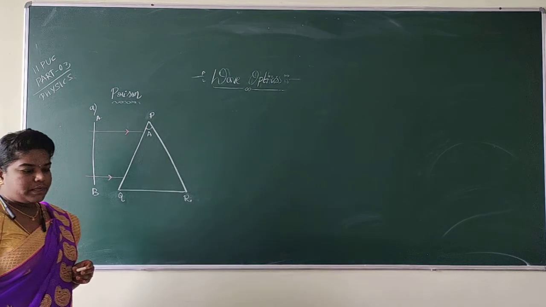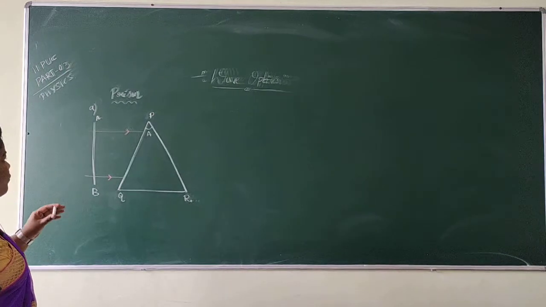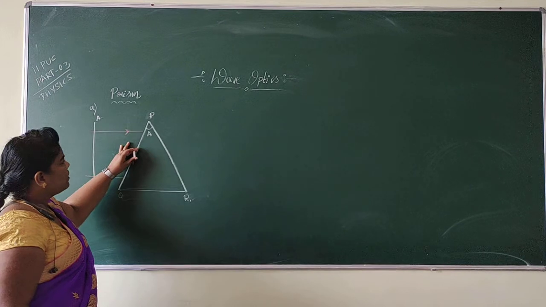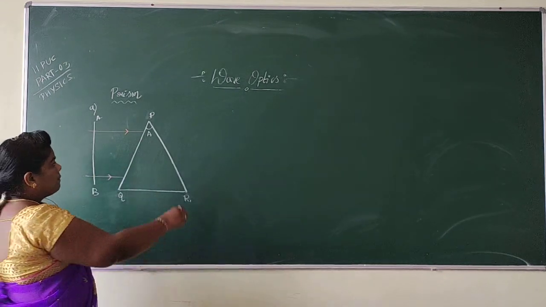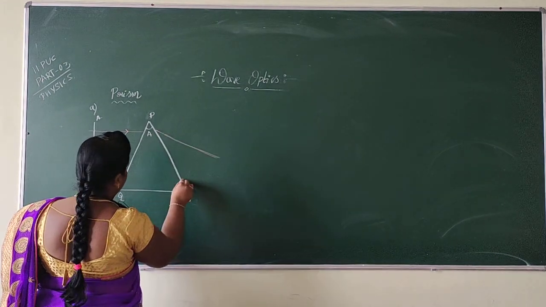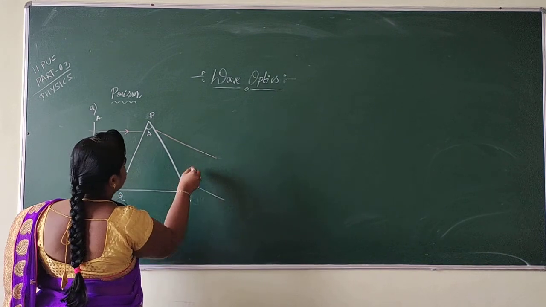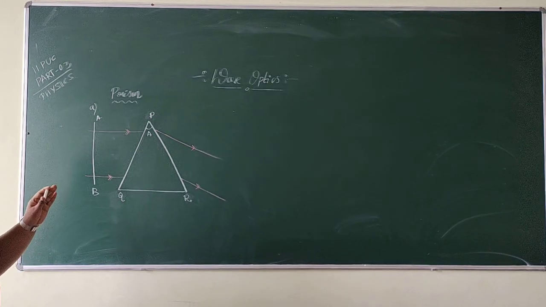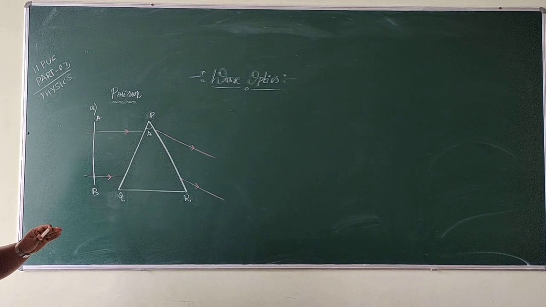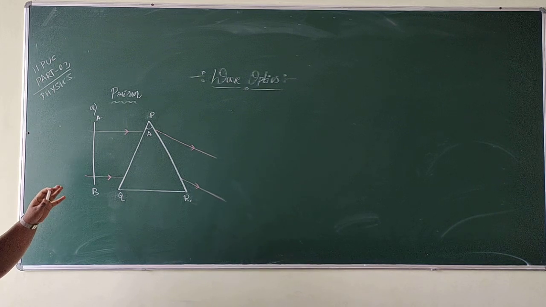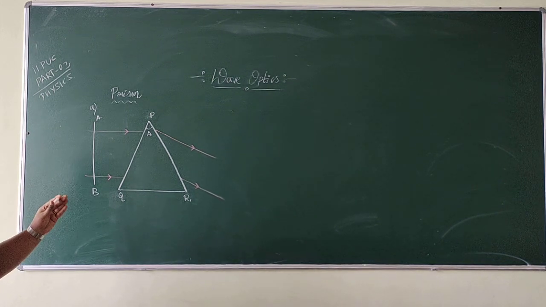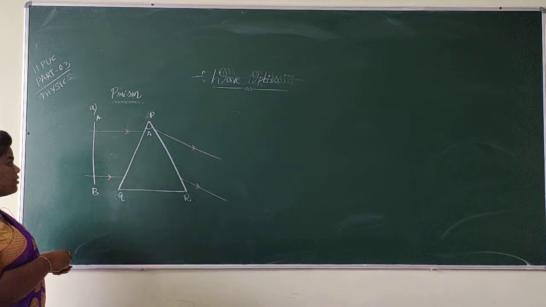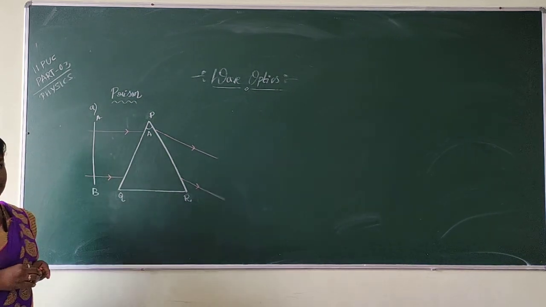You know, my dear students, after refraction, the rays are going to bend, and form a refracted ray and give you a different kind of image. This prism is going to bend the incident beam of light. But here we are discussing the wavefront.